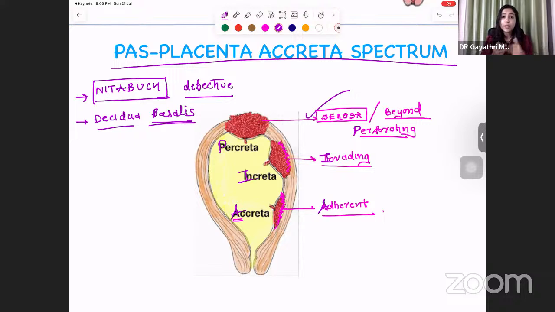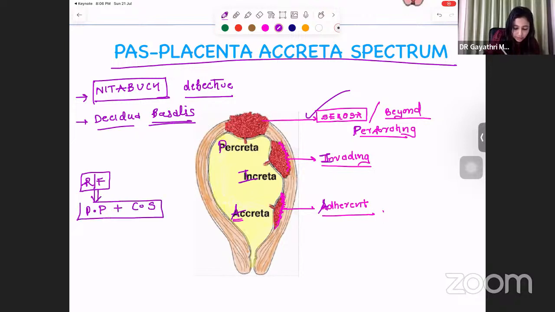When there is placenta accreta spectrum, we usually suspect it in a patient who has risk factors. What are the important risk factors in which you will suspect placenta accreta spectrum? The maximum risk is when you have a patient with placenta previa associated with previous cesarean section.